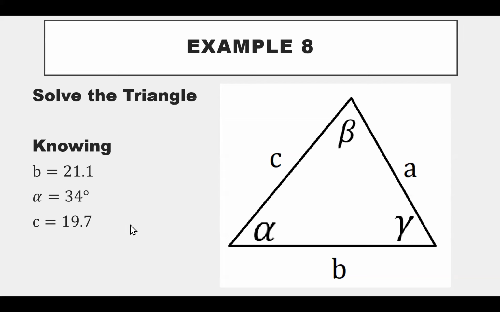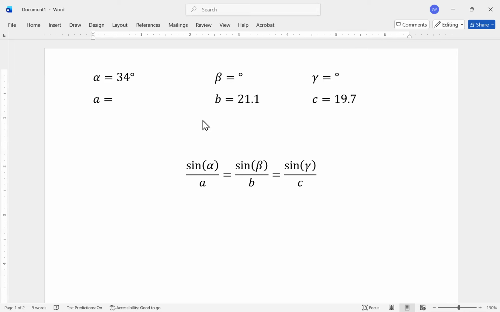This will create a triangle, but the law of sines won't be effective as a first step of solving this triangle. So I can't use the fact that the three angles add up to 180 degrees because I don't know two of the angles.